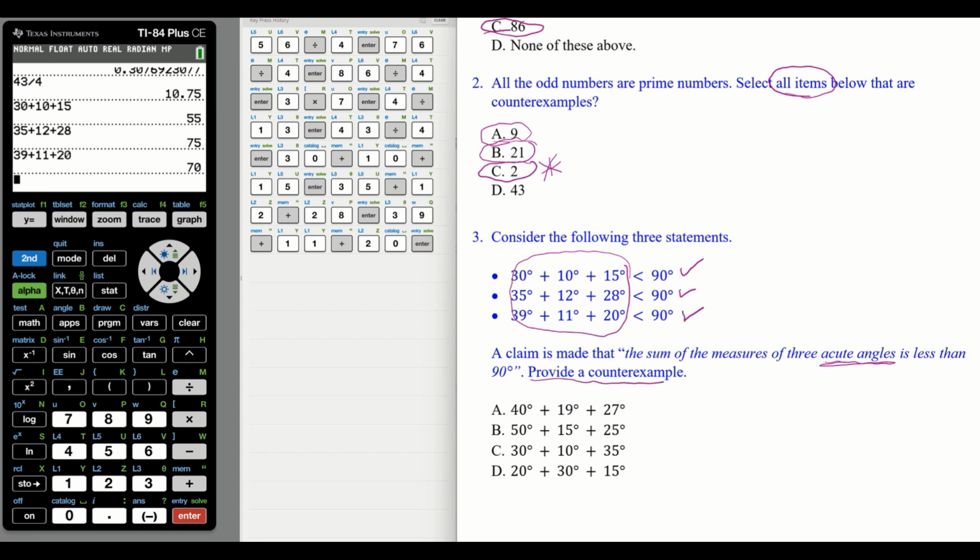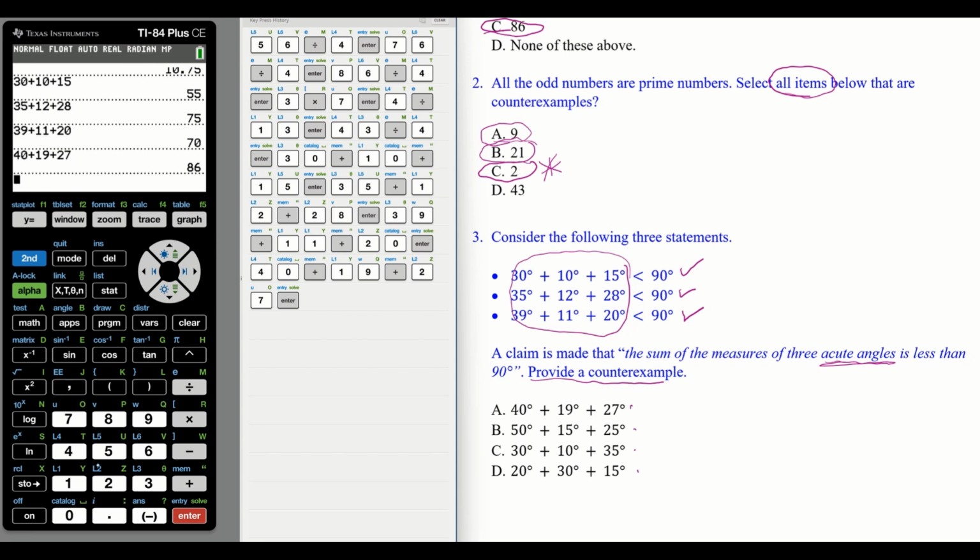Provide a counterexample. So we need to take all four of these. We're going to do some adding again. 40 plus 19 plus 27 equals. 50 plus 15 plus 25. That one equals 90. That's interesting.